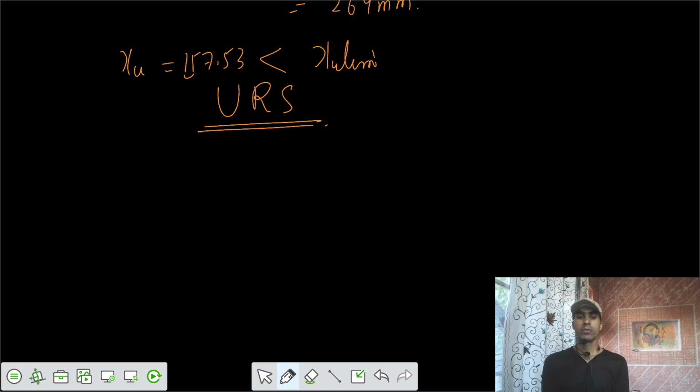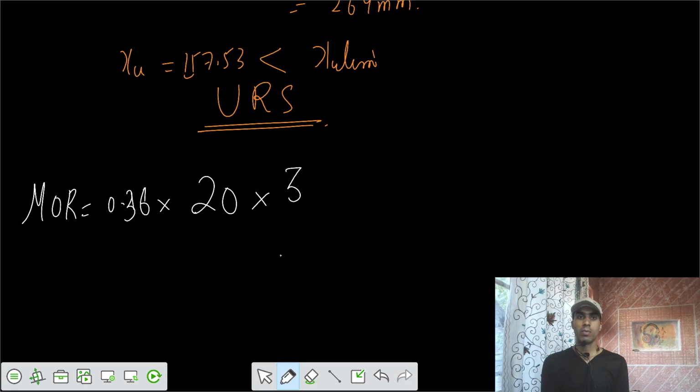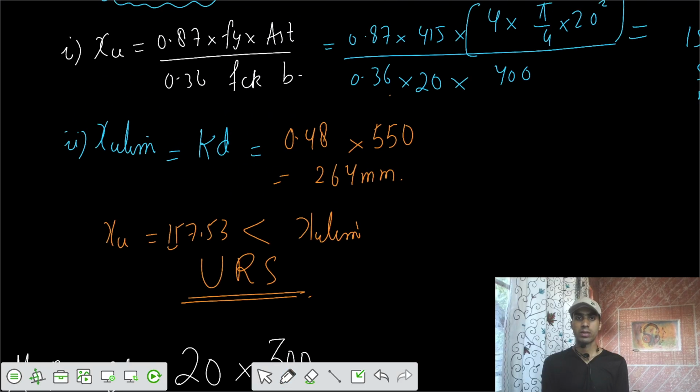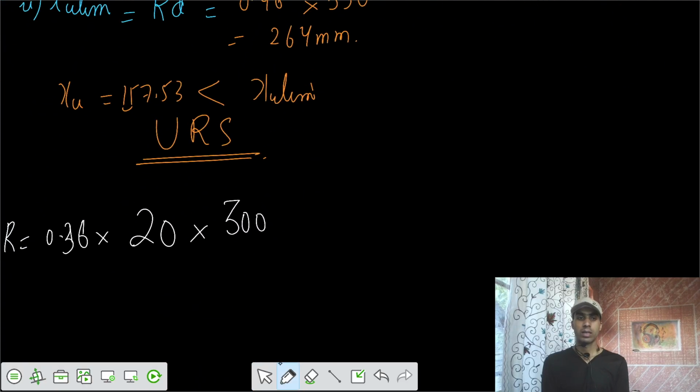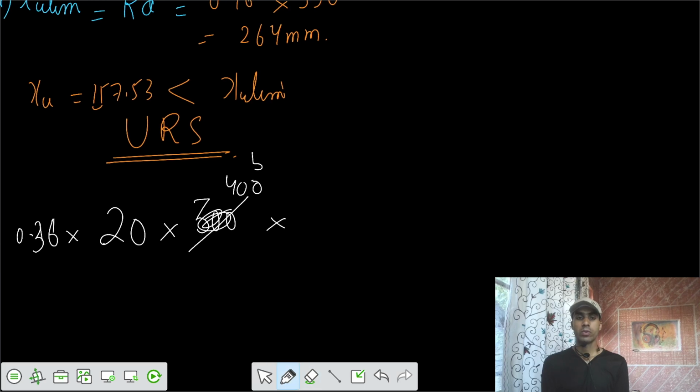So that means we can write the moment of resistance as MOR equals 0.36 fck b. The value of b was 400, yes, b is equal to 400. 400 b, fck b, then we have Xu. What should we use for the value of Xu?